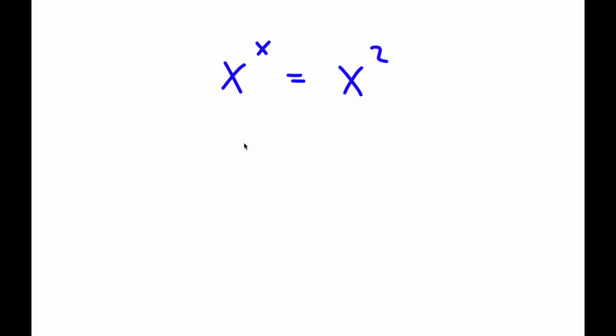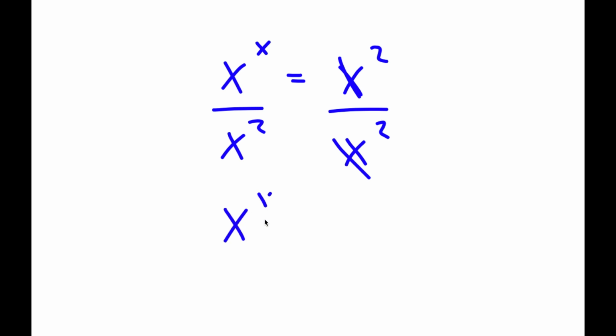So this is my answer. All right, so I have x to the power of x is equal to x to the power of 2. So to solve this, I'm going to first divide both sides by x to the power of 2. So then these two cancel out, and now I have x to the power of x over x to the power of 2 is equal to 1.